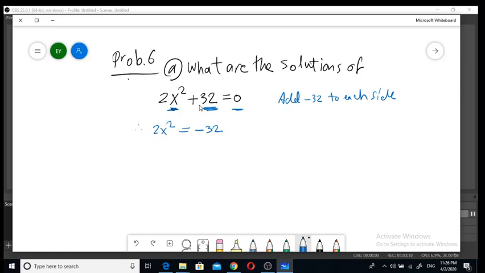Then how can we find x? Divide each side by the coefficient of x squared, which is 2. Then we have x squared is equal to negative 16.